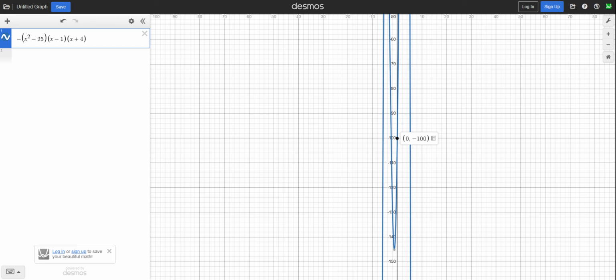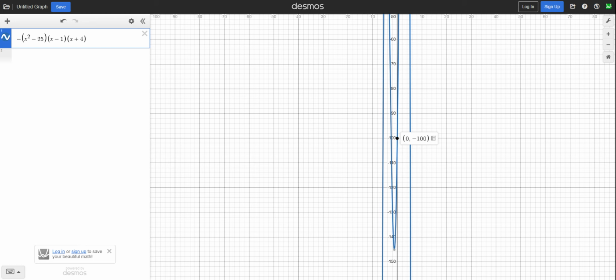When that goes to the opposite side, it becomes the opposite sign. And now we FOIL.